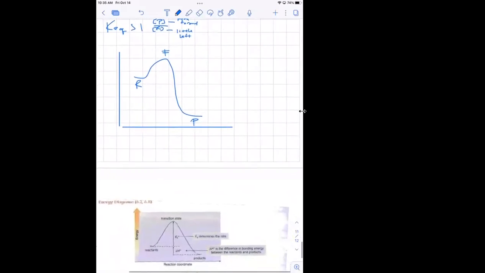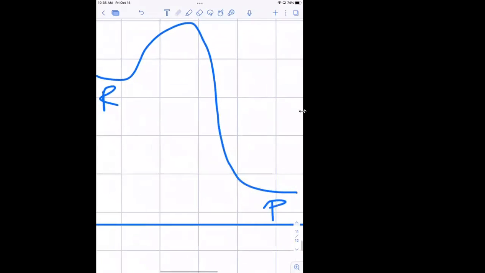Every reaction goes through a transition state. And this is going to allow us to talk about one other concept. I have a video for it, but I didn't send it because we can actually talk about it. So this is the activation energy. This is how we know it's low.